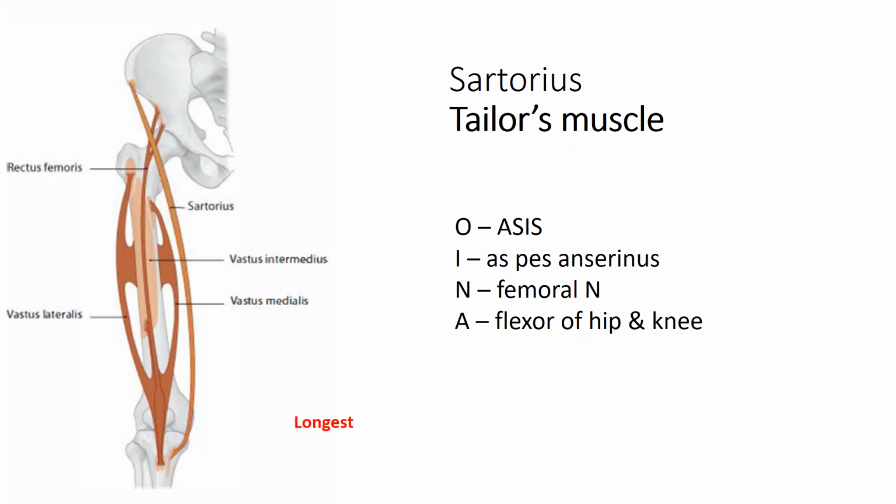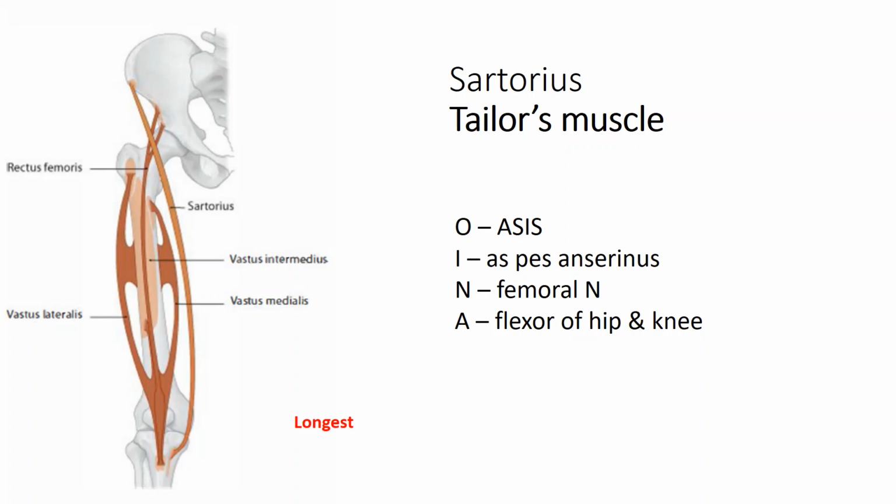And here there is an attachment of three more muscles from three different compartments. This is from the anterior compartment, then from the middle compartment there is gracilis, and from the posterior compartment there is semitendinosus. And they join to form a structure which is known as pes anserinus.